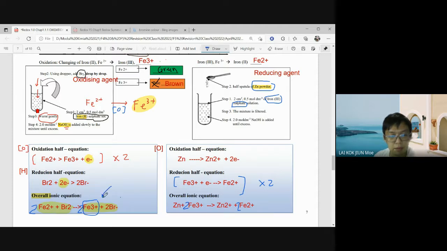Because you want to test what the ion is inside. If you want to check Fe3 plus, you can put NaOH inside. Okay, it will show the color of Fe3 plus. So Fe3 plus just now we said already is brown color here. The bromide has no more color. You cannot see bromide anymore.